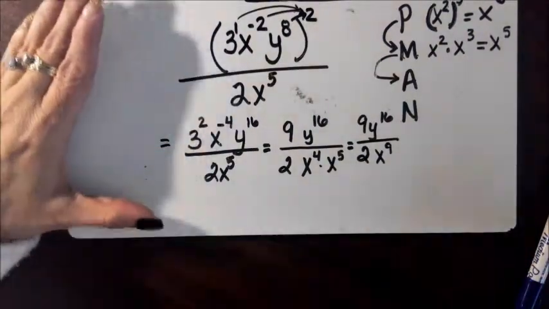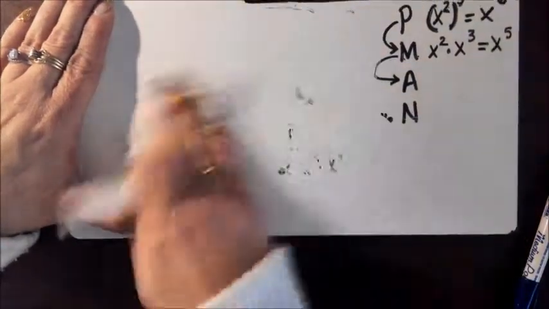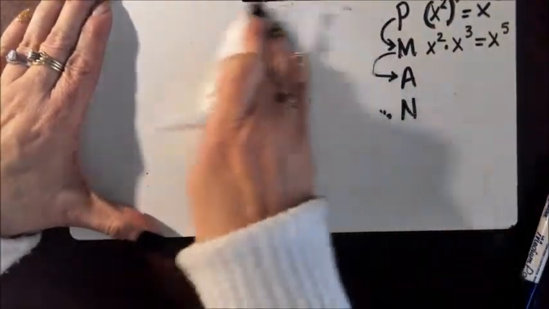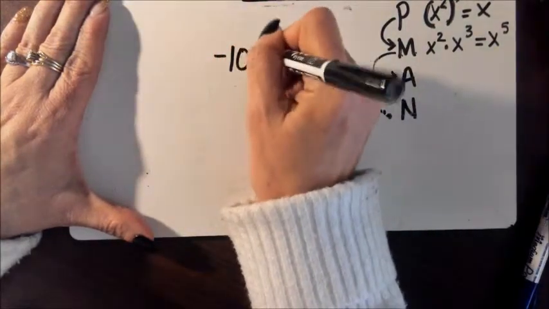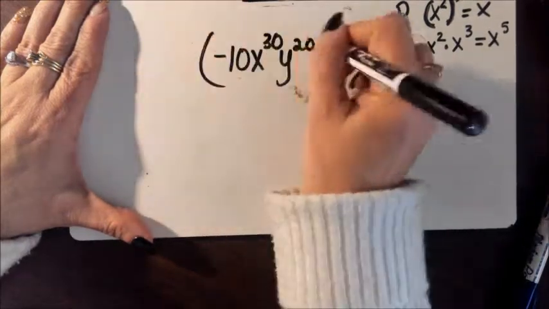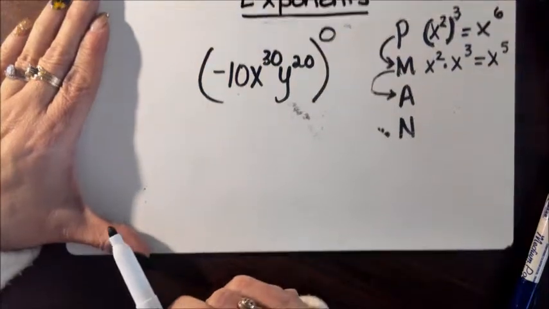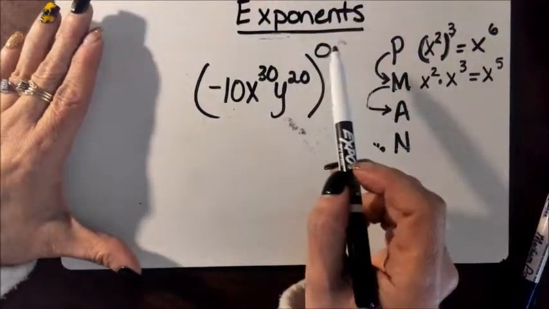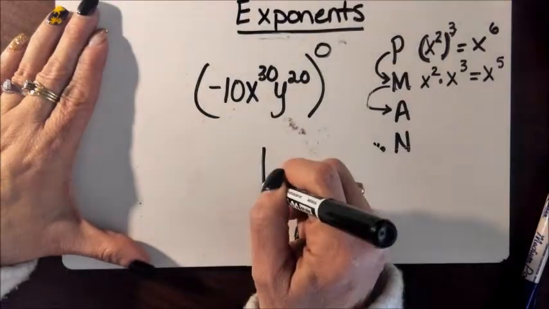All right, one other thing, just going back over some exponents, and again, just trying to keep it short and sweet, but still give you guys a little bit of a review. If I have negative 10 x to the 30, y to the 20, and I raise it all to the 0 power, with exponents, anything to the 0 power is 1.